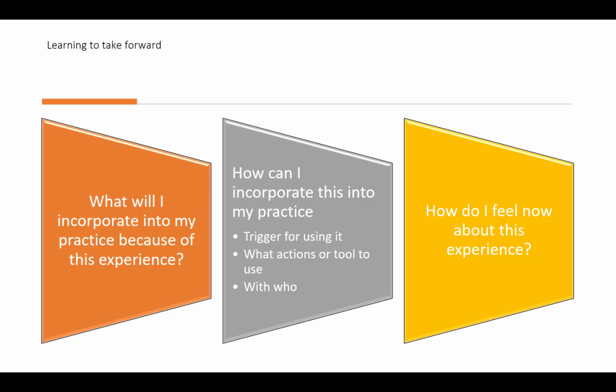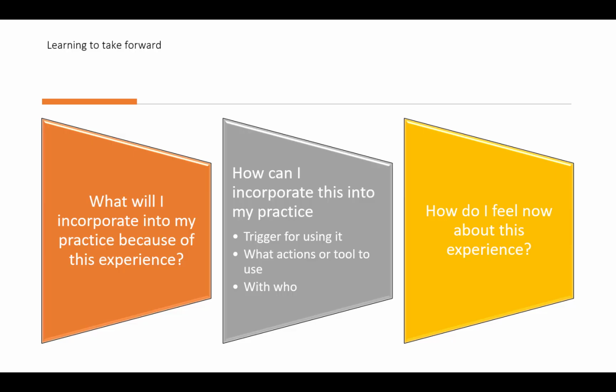You can describe who it's going to be used with. So is this just between you and a client, for instance? Is this going to be you and other health practitioners, or is it going to be with other carers or whānau members? But essentially it's just an explanation of how all the knowledge from the "can I do it better" section might be incorporated into the next similar case that you attend.